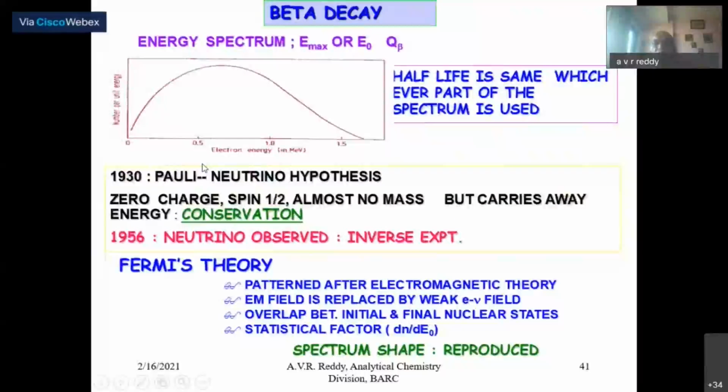Yeah, here this continuous spectrum I explained, but the beauty of this is that whichever part of the energy it is, you can take a window of this spectrum, measure the half-life of that isotope, and you are getting the same value. What does it mean? It means that whatever is the energy of the beta, that particular beta particle is emitted by a parent nucleus which has a unique half-life.